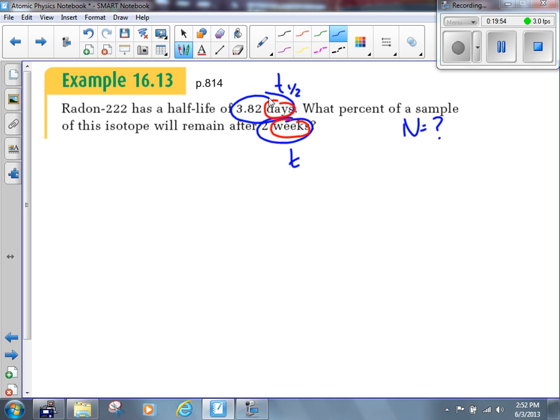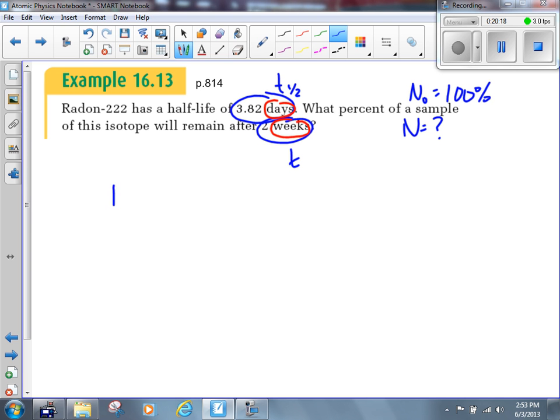Got to read between the lines on this one, right? What percent remains, Christine? Well, if we're looking for what percent remains, the initial percent would have been 100%. So N sub 0 will be 100. When you're dealing with percent, N sub 0 will almost always be 100. You'll be told if it's something other than 100%.